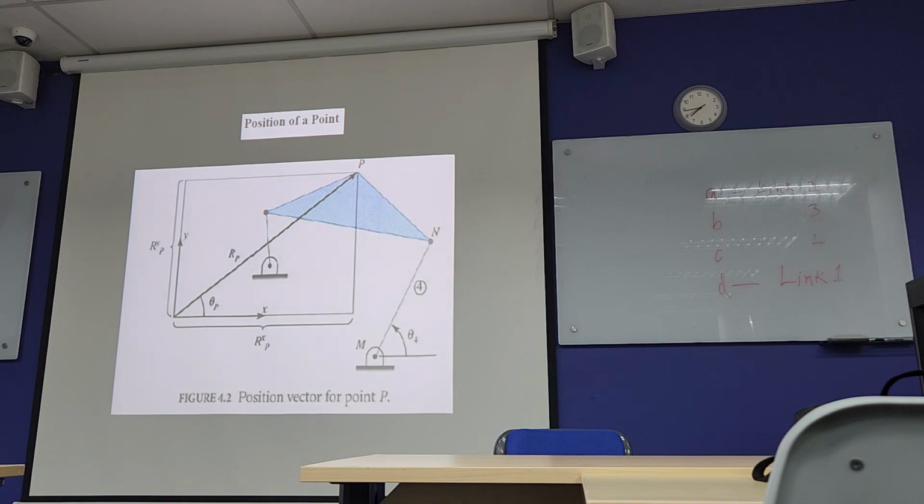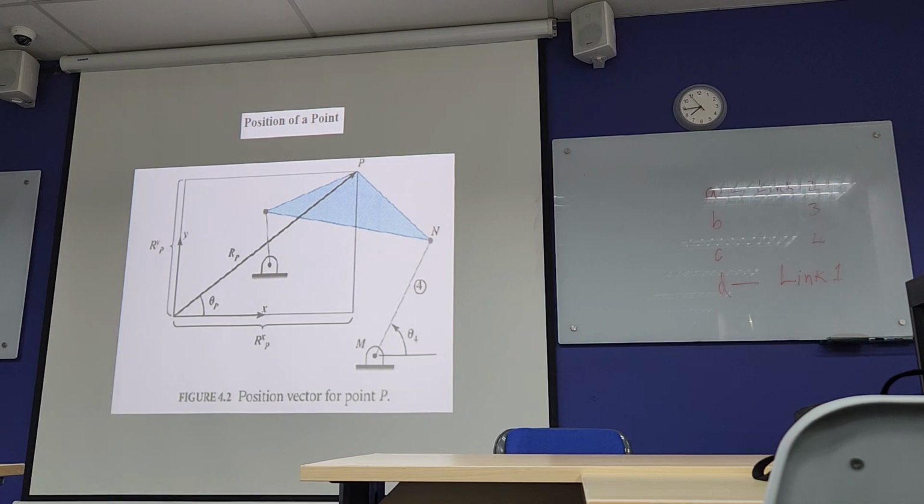But you are locating a point on link 3, which we call point P. Therefore we write theta with subscript P to represent it. So you are looking at that point and the orientation of that point, the polar or angular coordinate.